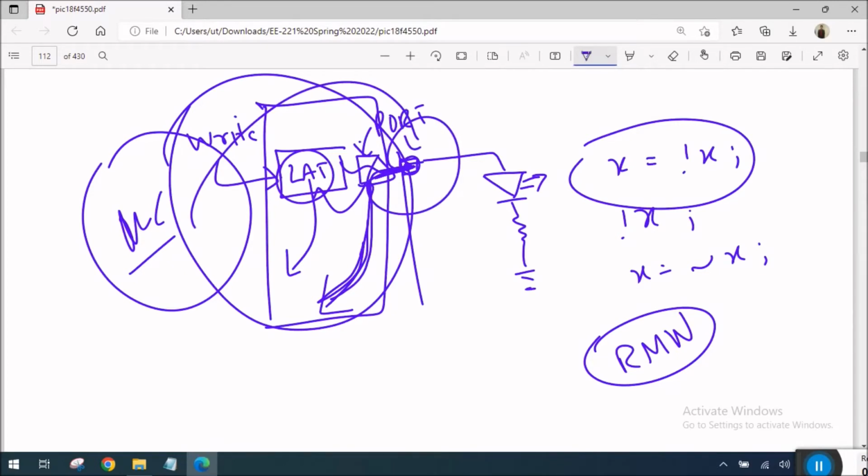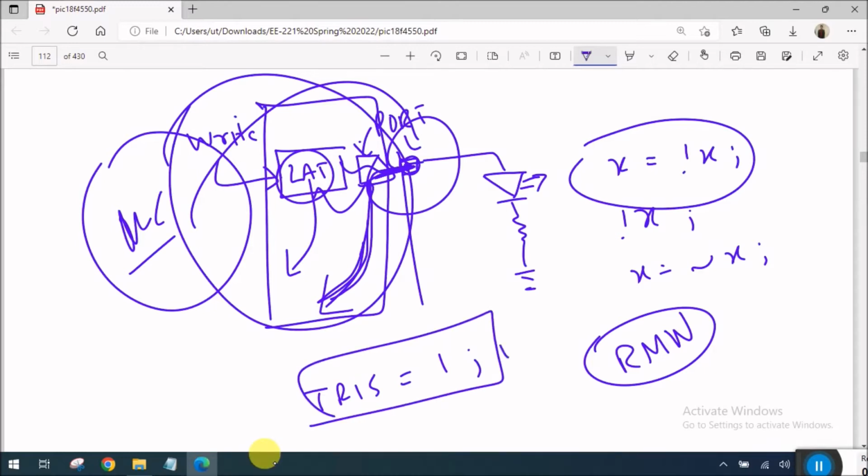Next, I'm going to tell you briefly what that circuit is, what its design and functionality are, and how, when we say TRIS equal to 1 makes the port an input port, it actually works at the hardware end. So now let's move on to the physical structure of each pin.